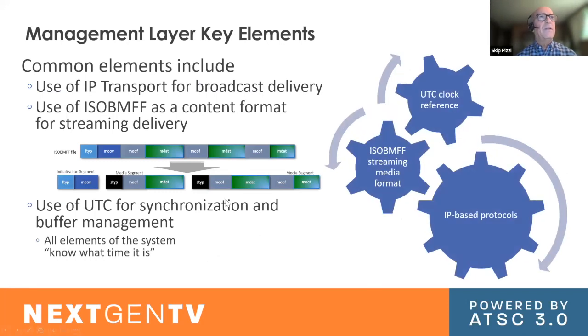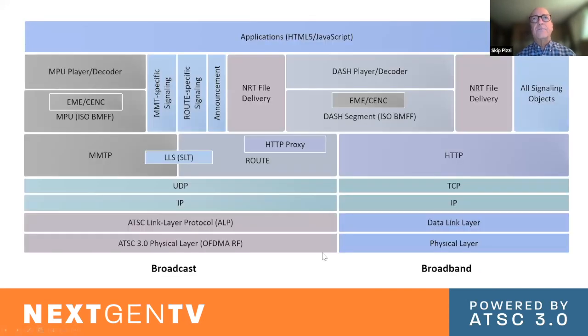This is based on a lot of existing standards in the ISO world. So again, not inventing anything unless it was necessary. Here's that protocol stack. Won't get into it too much, but you see the difference in broadcast and broadband. Broadcast, we've already talked about the file layer. There's a little link layer in here between the transport and the PHY, like you'd expect on the broadcast side.